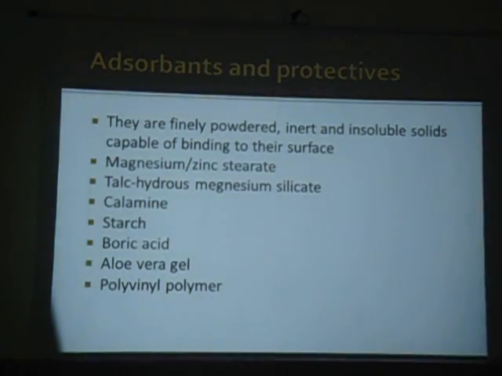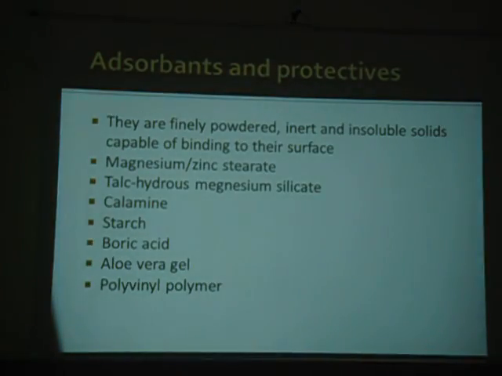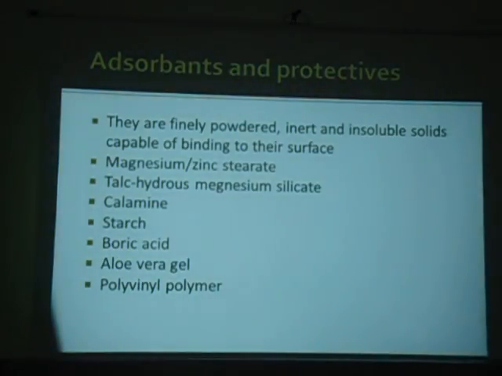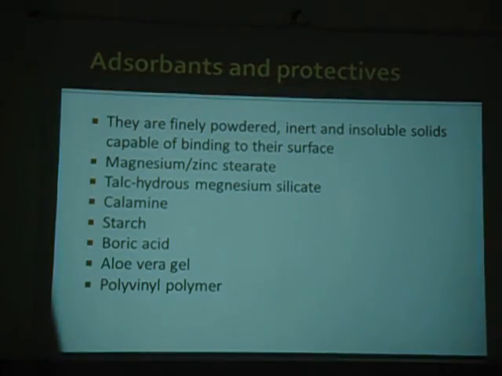Most people use it for skin ailments. The plus point of calamine lotion is that it blends with the skin color because of the presence of ferric oxide. Starch is used, boric acid also forms a part of this. Aloe vera, the costlier face creams contain aloe vera. Polyvinyl polymers are also used.